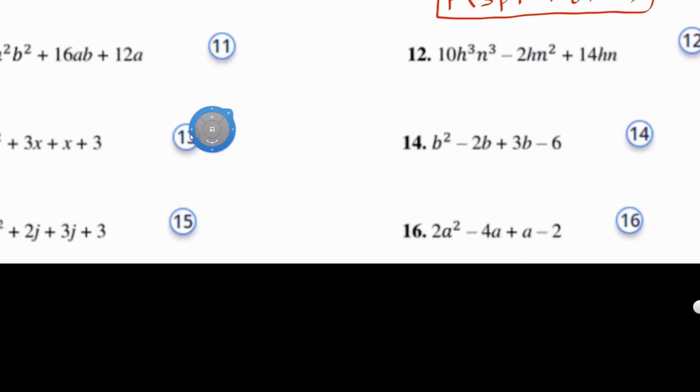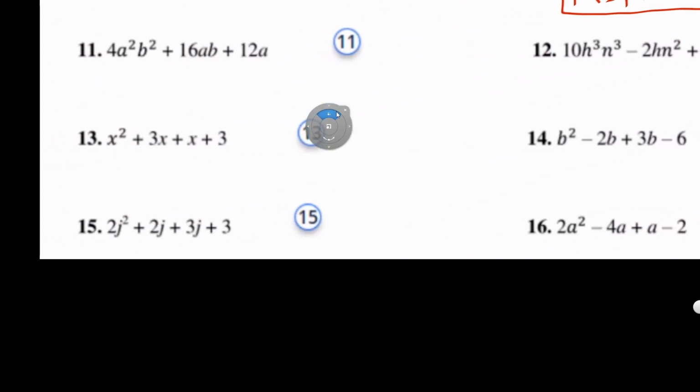Moving on. Okay, 11. We're almost there. So 4, 16, and 12. When you think about it, 4 can be factored out of all 3, right? And then they all have a's in it. So I'm going to factor 1a out. So 4a times, now it's going to be, what's left, ab squared. So when you distribute here, you're going to get 4a squared b squared plus 4a times what will give you 16ab?